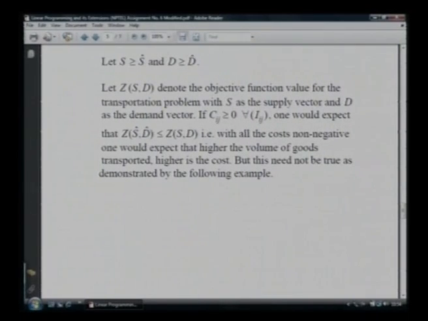But actually this is not what is happening. It is possible that even though you are transporting more goods, the traffic is more, your cost may still be smaller, right. And I am giving you an example here.